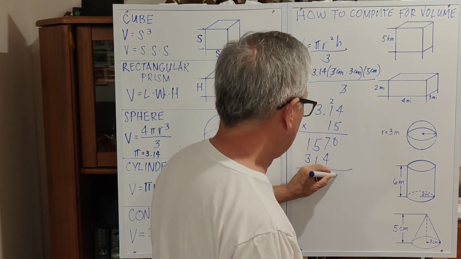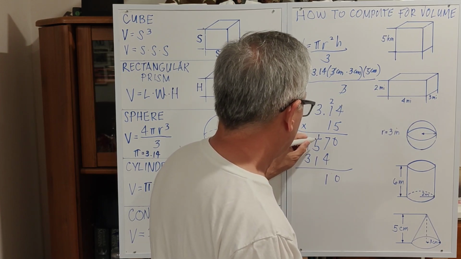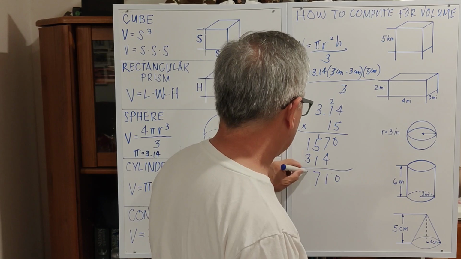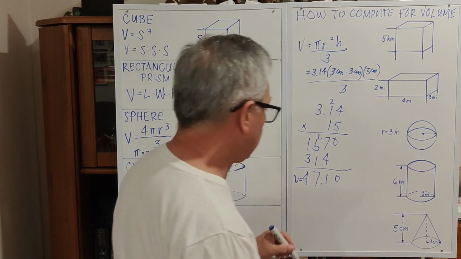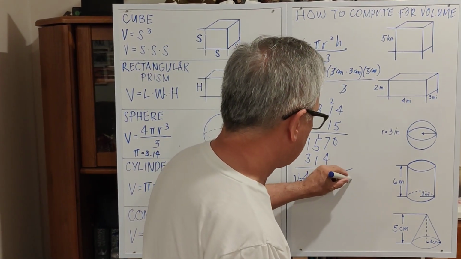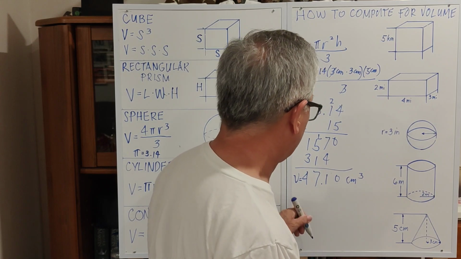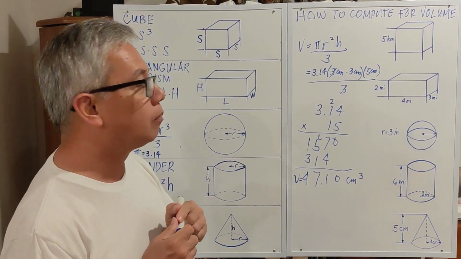And then we add. 11 plus 1, carry 1, 7, 1 plus 3 is 4. 2 decimal places. So the volume of the cone is 47.1 centimeter cube, or 47.1 cubic centimeter. And that's how we compute for volume.